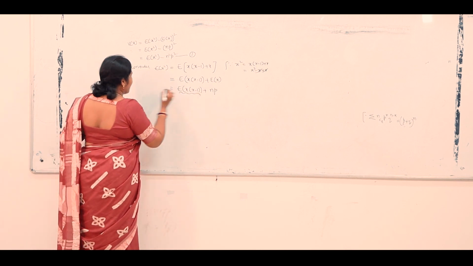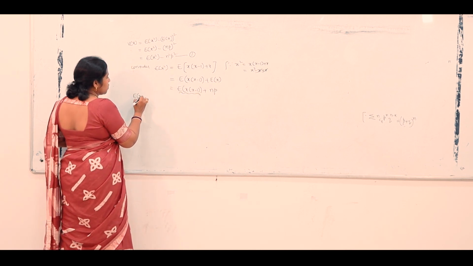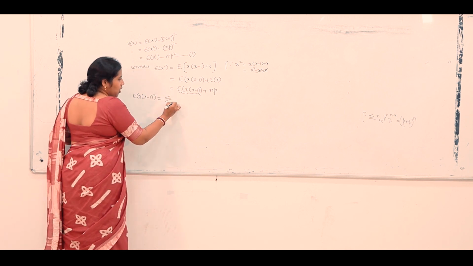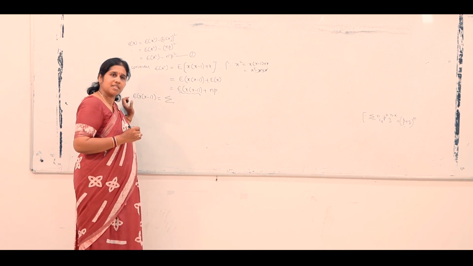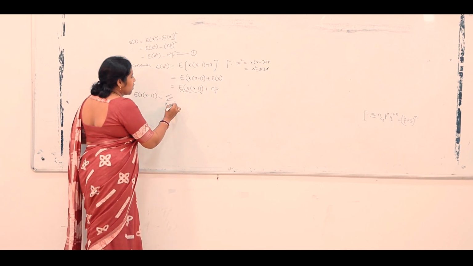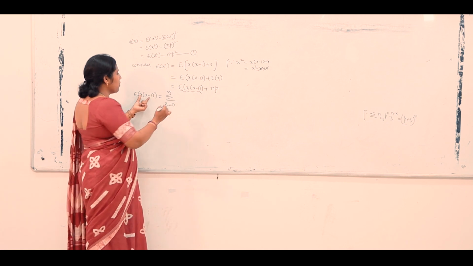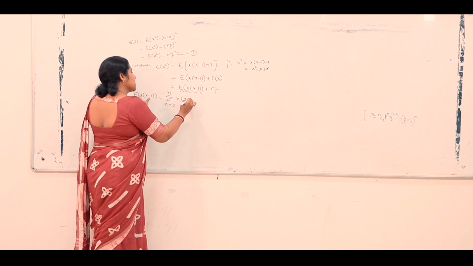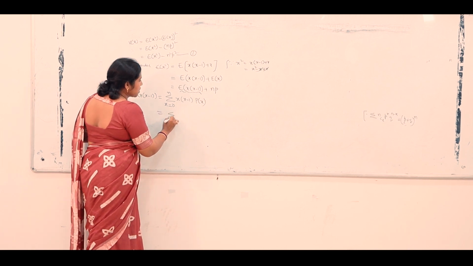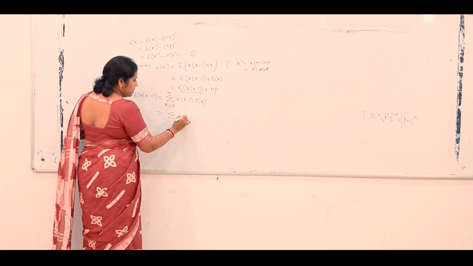Now this one separately I'll calculate and I'll substitute here. So x into x minus 1. So summation, because binomial distribution is a discrete distribution, and what is the range of binomial distribution? 0 to n. And what is the term over here? x into x minus 1 into p of x. What is the probability mass function for binomial distribution?